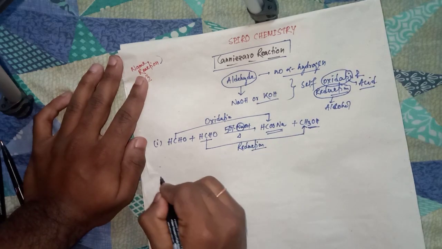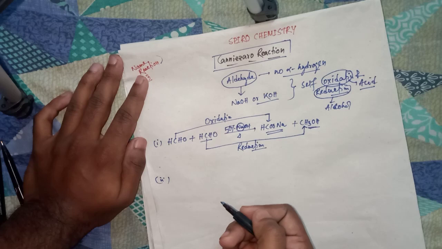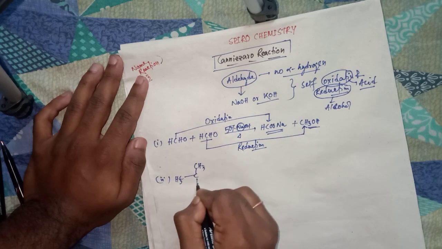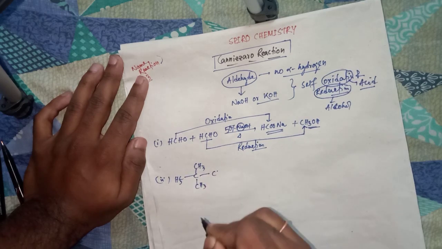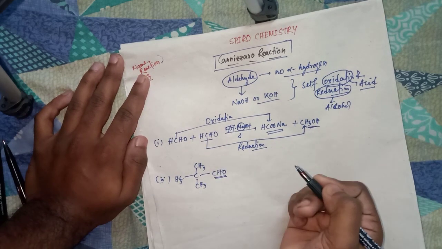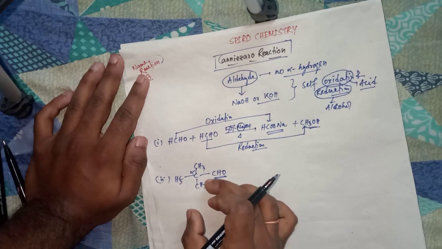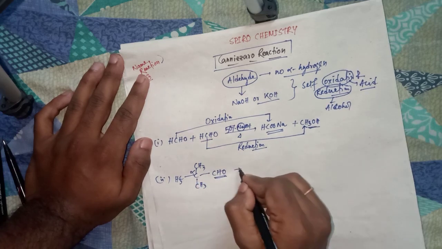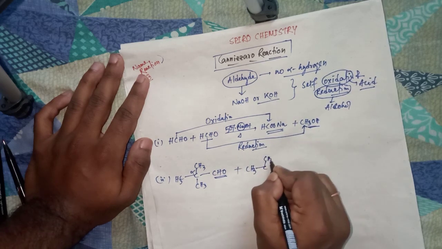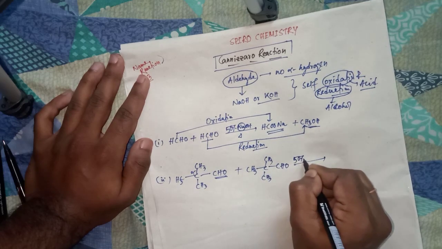Another example: suppose there is trimethyl acetaldehyde. This is the aldehyde group and this is the alpha carbon, so there is no alpha hydrogen present here. Trimethyl acetaldehyde, (CH3)3CCHO, reacts with 50% NaOH.